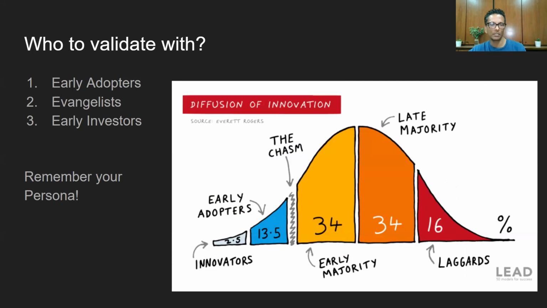The first thing that's important to know about validating, getting confidence about your customers, is who do you validate with? I don't know if you've come across this before. If you've done business studies of some sort, you may have. It's called the diffusion of innovation process.